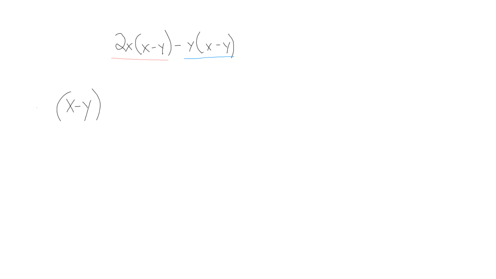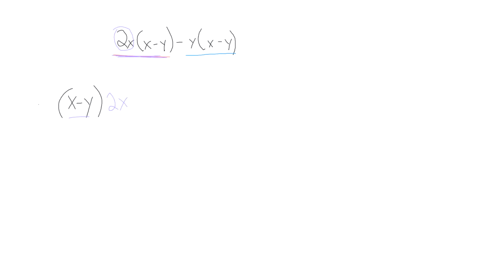And since it's 2 terms that I'm taking out, I put a bracket around the whole thing. So I'm going to divide this x minus y into this whole term, which I have x minus y and x minus y in common. I'm left with the 2x. And the other one, I'm dividing x minus y into this whole term.